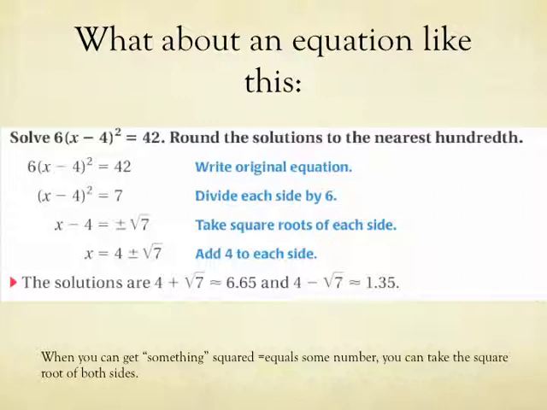If I plug in 1.35 into the original equation above, the left-hand side will be approximately equal to 42 as well. These are the solutions to the equation that's shown above. We found them by getting our equation into a form something squared equals some plain old number, and then taking the square root of both sides.